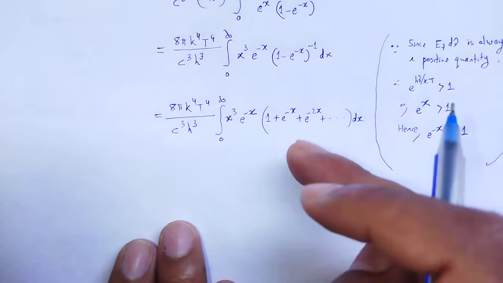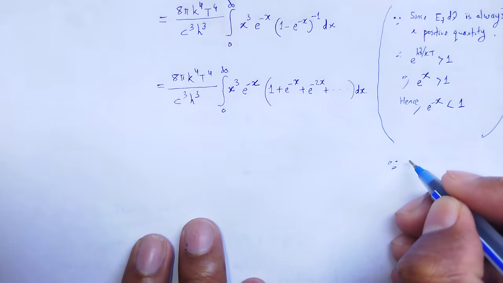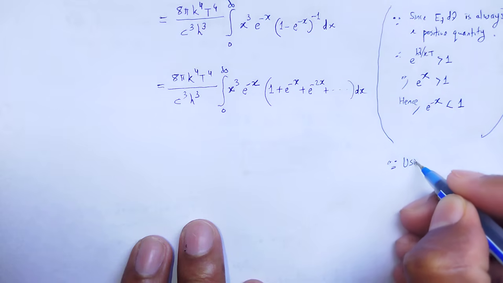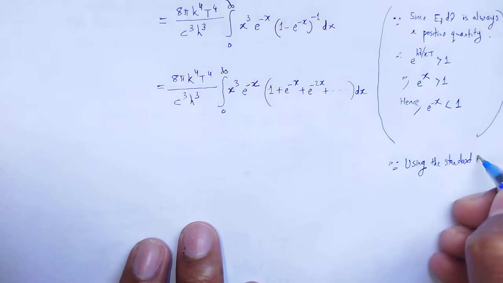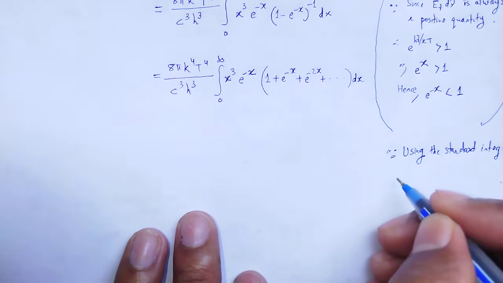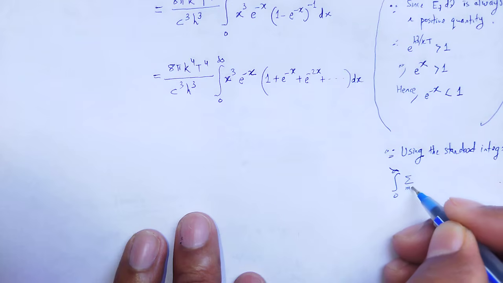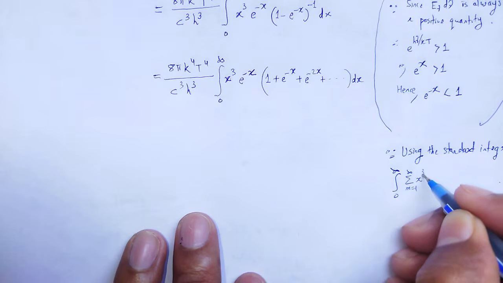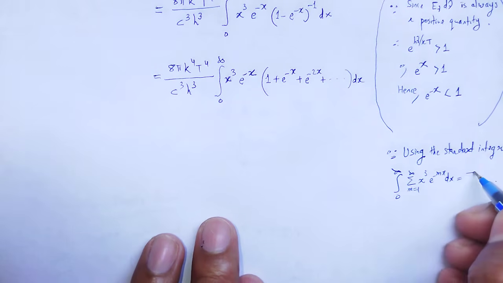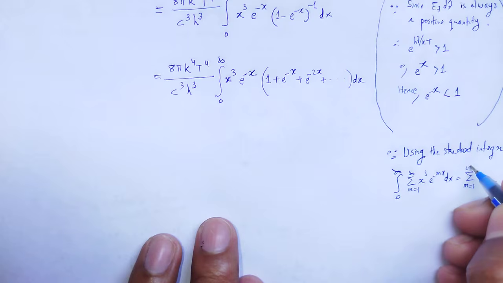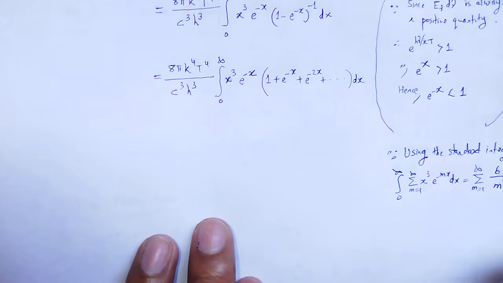To solve this type of integral, we use the standard integral: integration from 0 to infinity, summation over m from 1 to infinity, x cube e to the power minus mx dx. That type of integral results as summation over m from 1 to infinity 6 divided by m to the power 4th, where m is an integer.